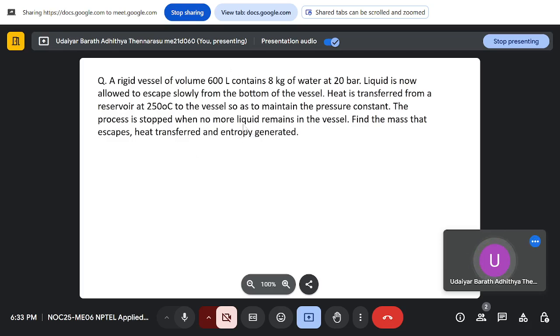So we know the vessel volume, which is 600 liters, and the initial mass is 8 kg of water, which is at 20 bar. We are letting the water escape from the bottom, and heat is transferred from the reservoir at 250 degrees Celsius to the vessel so as to maintain the pressure constant.